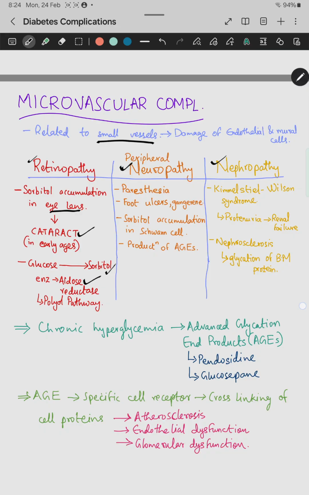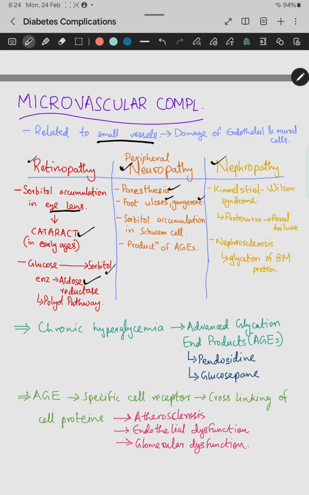Now peripheral neuropathy. In peripheral neuropathy, the individual faces paresthesias, foot ulcers and gangrenes in the extremities, in the foot and hands. These are also due to sorbitol accumulation in the Schwann cells of the neurons.